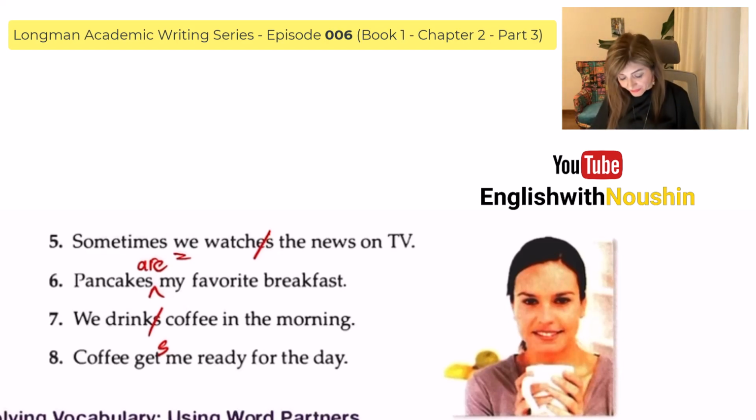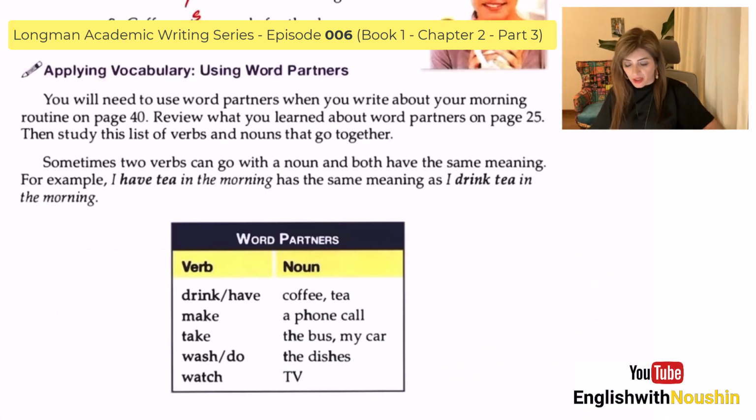Now, do you remember that a few episodes ago we talked about word partners, and we said words that come together, they are like married, they are partners, and they always or usually come together.